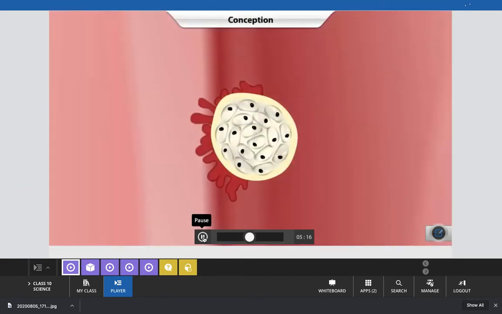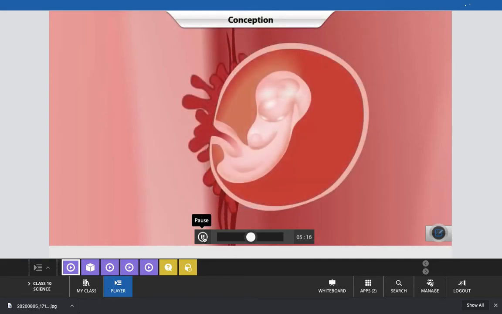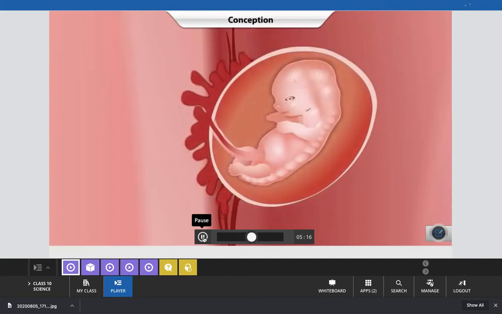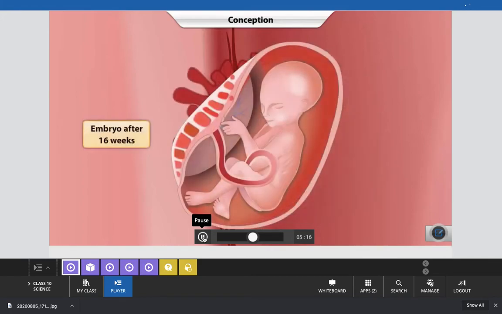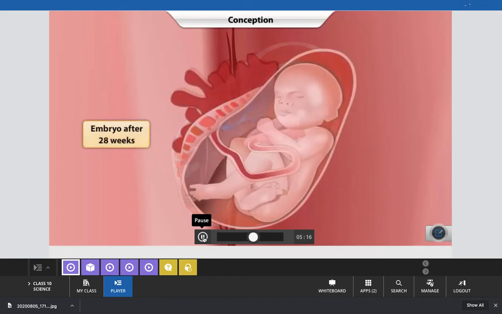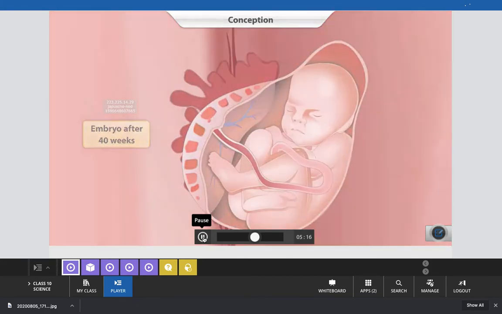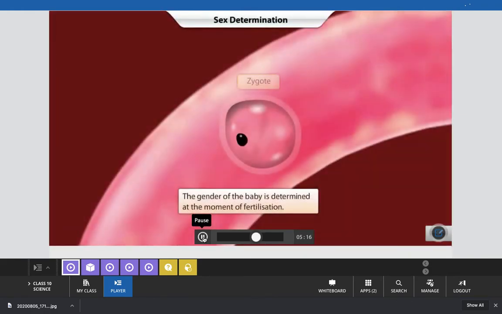The blastocyst gets implanted in the uterine wall and eventually becomes the embryo. The growing embryo continues to develop through the pregnancy until a baby is born. The gender of the baby is determined at the moment of fertilization.